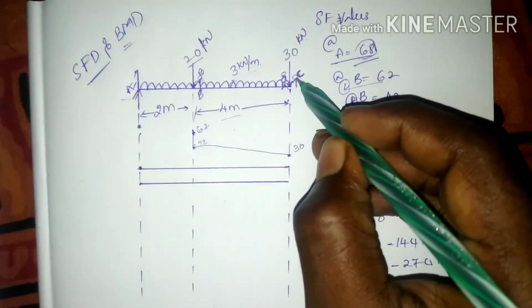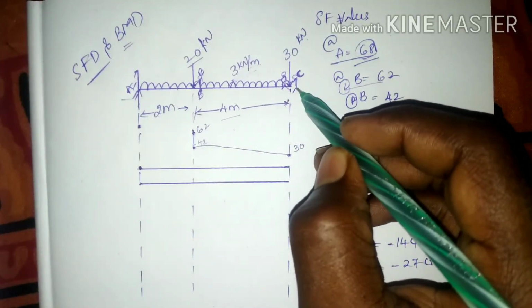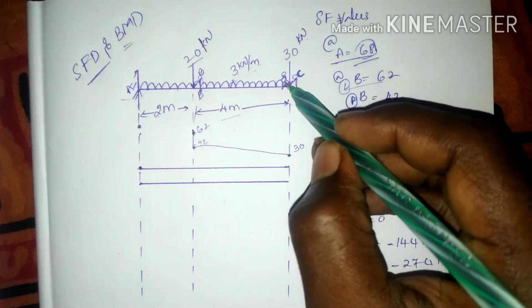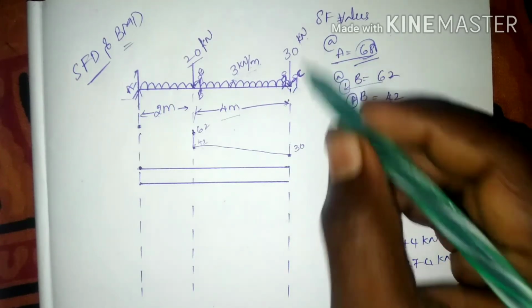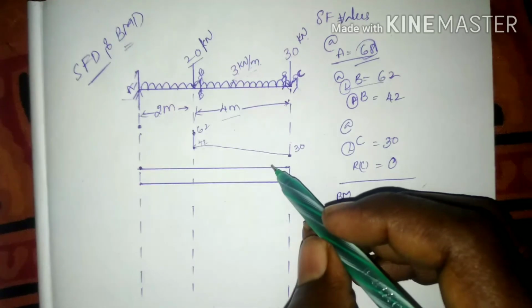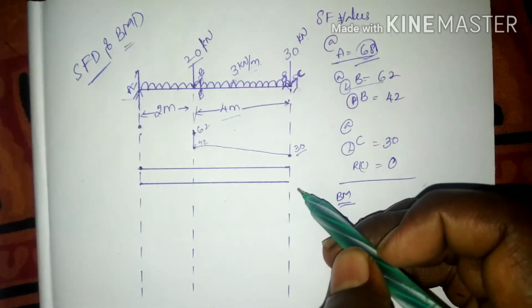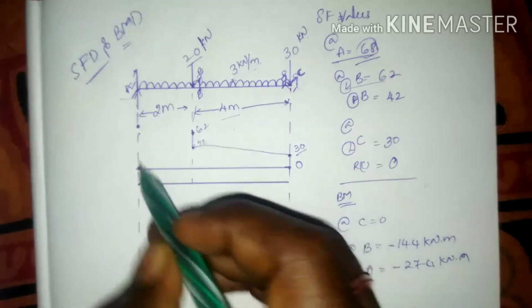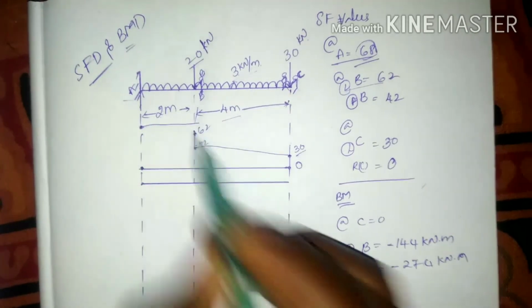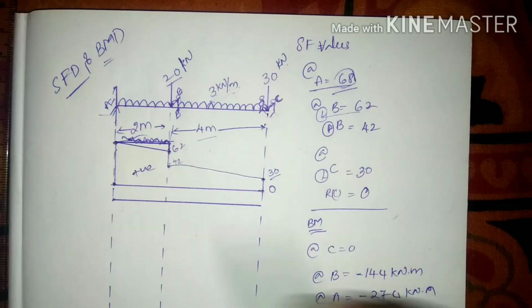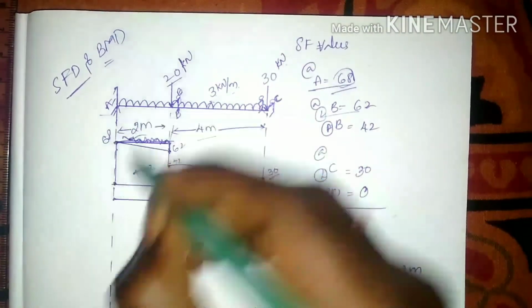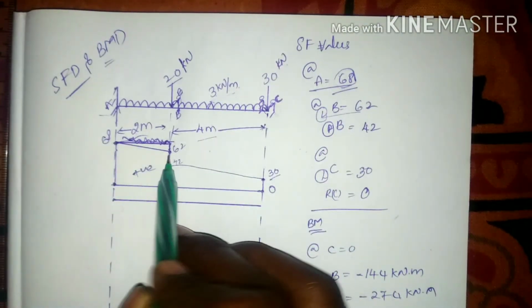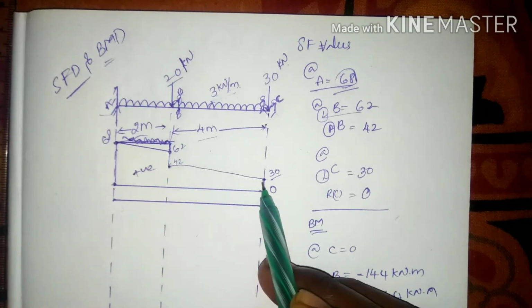To the right of C, we have a downward force of 30 kilonewtons, and from the calculations we remain with 30 kilonewtons. Both get to 0. The reference line is 0. Here 68, going to 62, then 42, then 30.